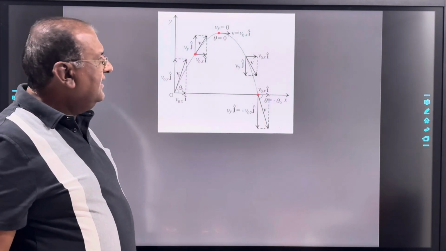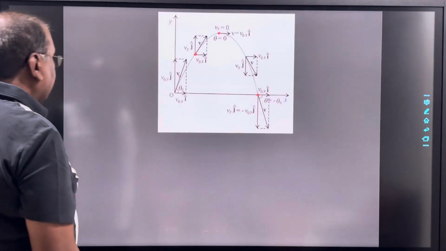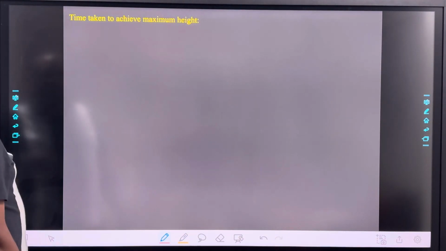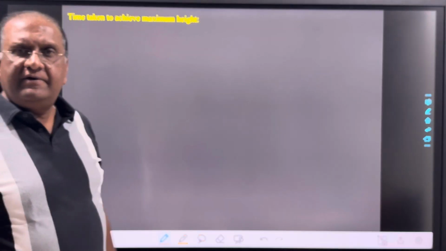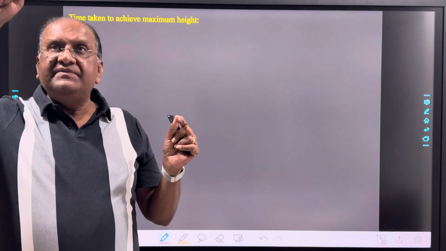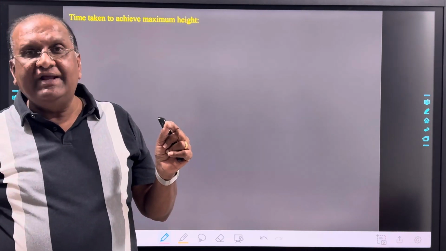Clear. So from this we can understand this. Clear, okay. Now let's see ahead. Next, that is time taken to achieve maximum height. The object goes in the upward direction, reaches maximum height, then after it moves in the downward direction.